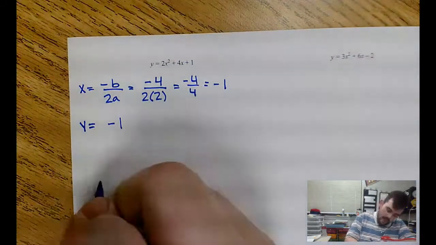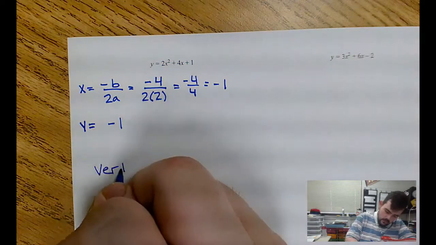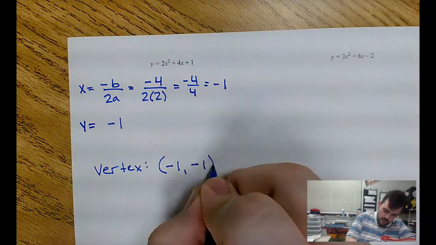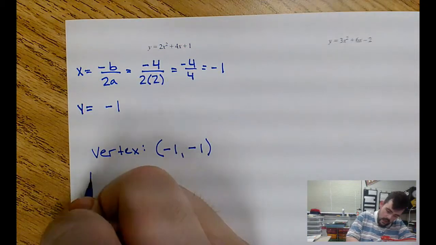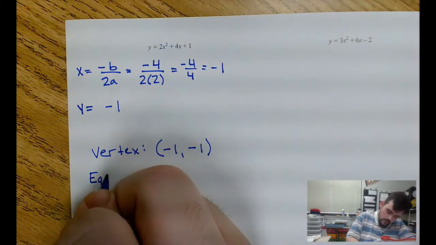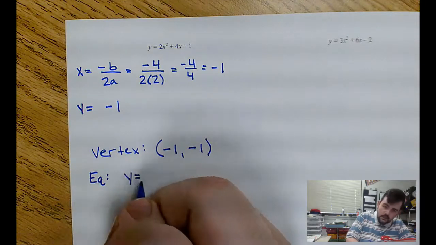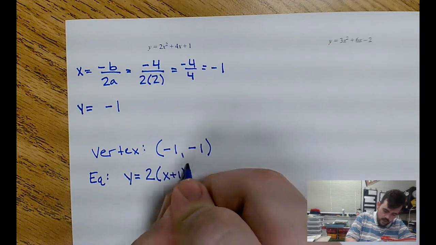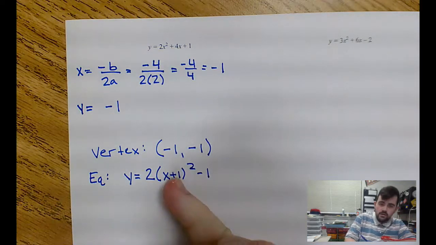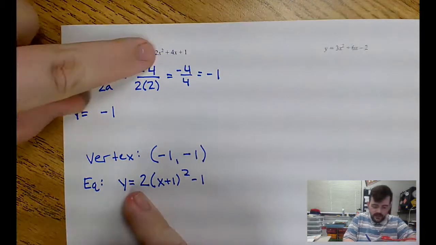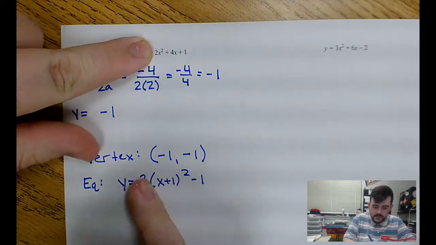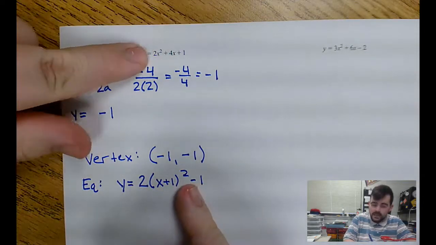So here, our vertex is the coordinate negative 1, negative 1. And the equation is y equals 2 times (x plus 1) squared minus 1. Again, notice how I flipped the x-coordinate, switched the sign on it. Also, I had to just put that 2 back in up here. Otherwise, this graph without the 2 would not be the exact same.